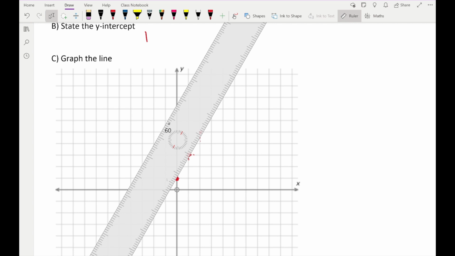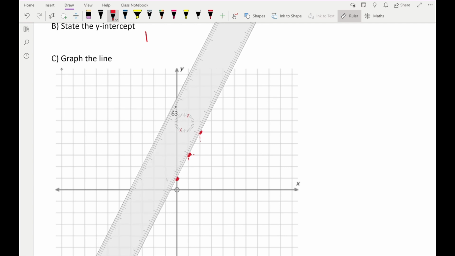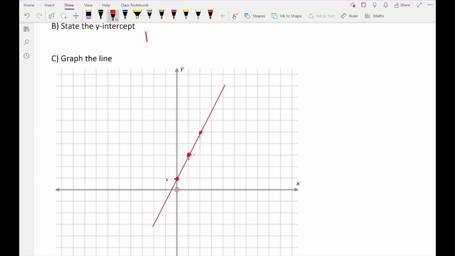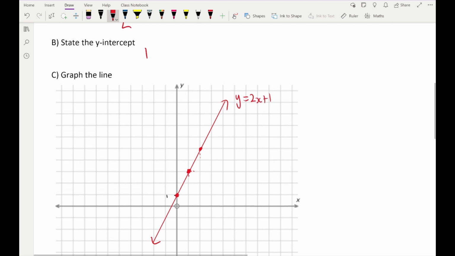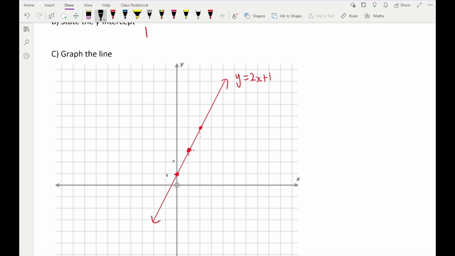Let's draw that in. There we go. There's that line. Make sure you label it. So this is y equals 2x plus 1. And there's your line. So the other thing we'll probably need are little units on our axes.